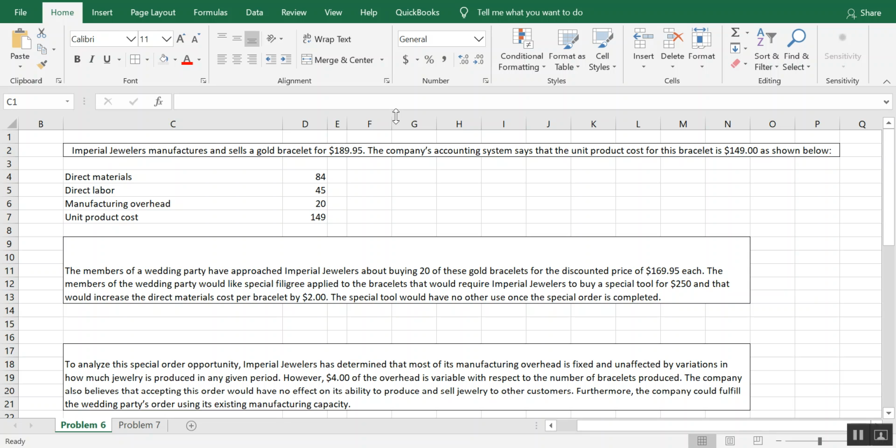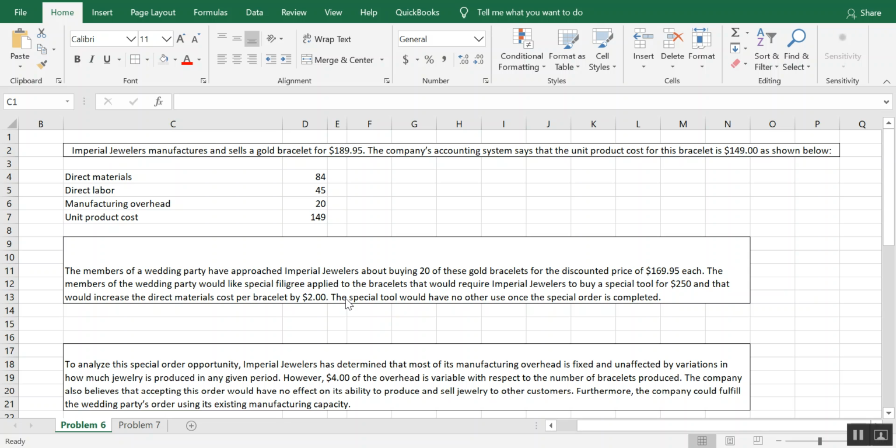They manufacture and sell gold bracelets for $189.95. The company's accounting system says that the unit product cost is $149 as shown below. And they give direct materials, direct labor, manufacturing overhead, and then the total product cost. Now, the members of a wedding party have approached Imperial Jewelers about buying 20 of these gold bracelets for a discounted price of $169.95 each.